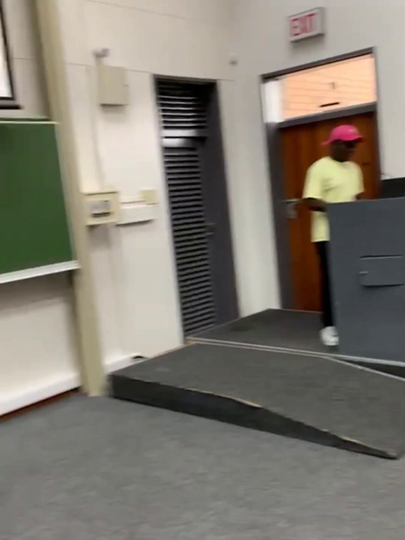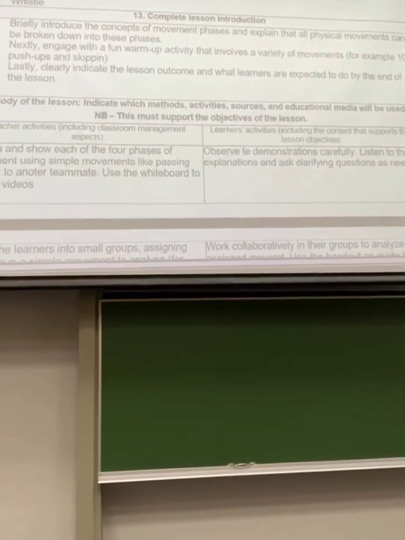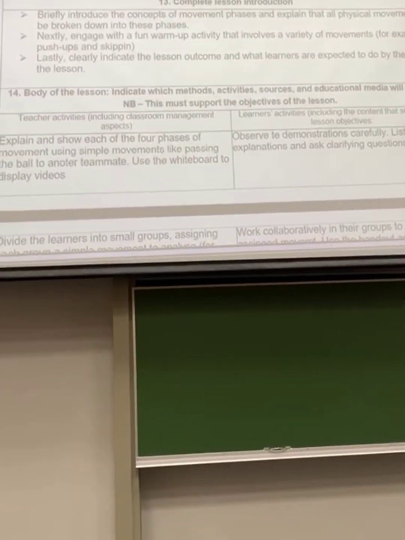Moving on to the lesson, we want to talk about the lesson introduction. In this lesson, I'll start by briefly introducing the concept of movement phases and explain that all physical movements can be broken down into these phases. We currently have four phases.